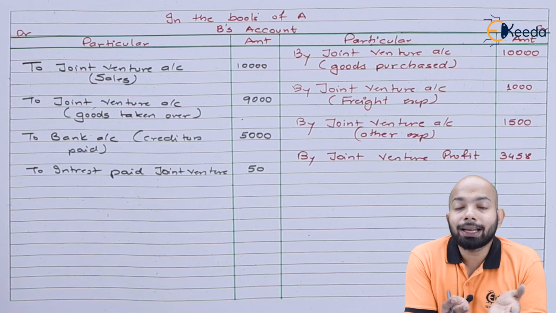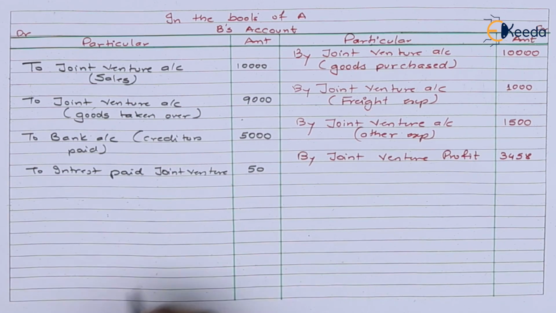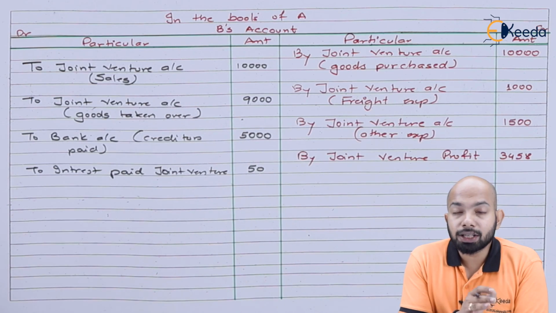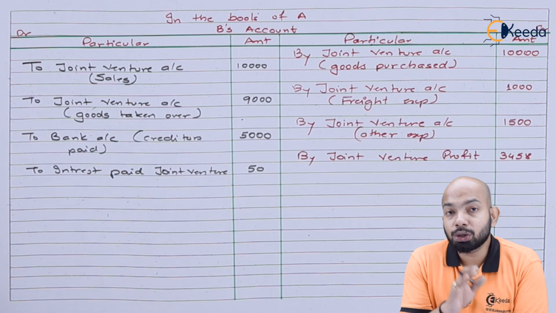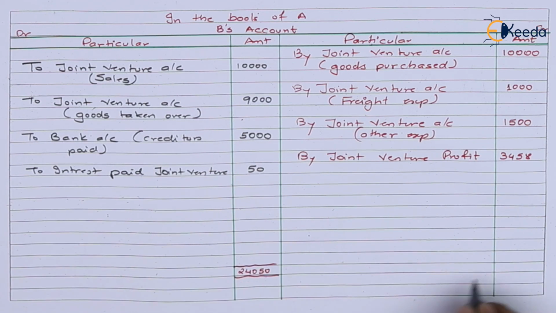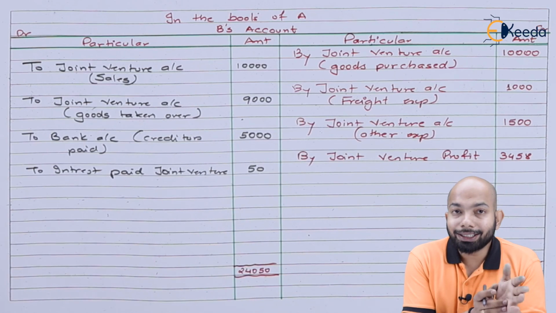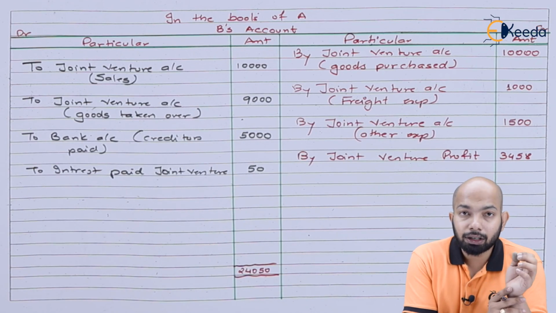Now let's figure out the balancing figure here that is supposed to be paid by the bank. So the debit side total comes as 24050 and I'm pretty sure that is more as compared to the credit side because you can clearly see the numbers there. So the balance between the credit side and debit side will be the balancing figure, that is by bank.